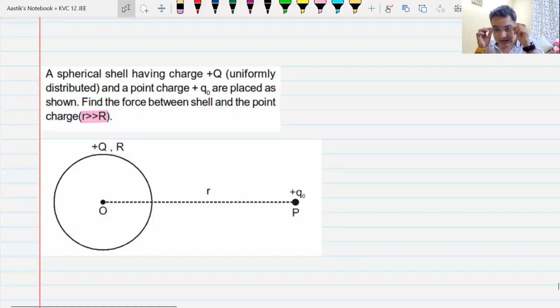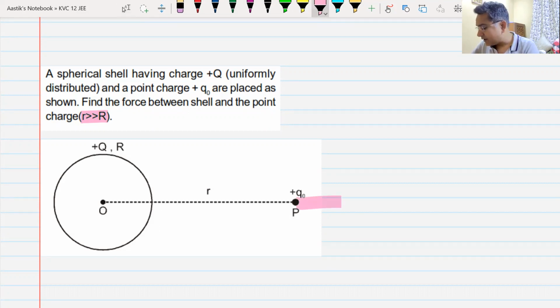Yes. So the answer is, now to find the force because of the point charge on the sphere can be a big task, but the opposite one is very simple. You can find out the electric field created by the shell at this point and simply multiply that electric field by the charge, you will get the force.